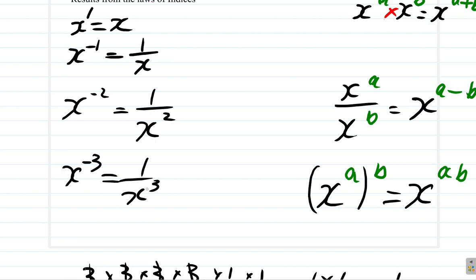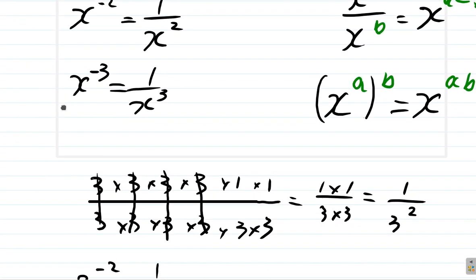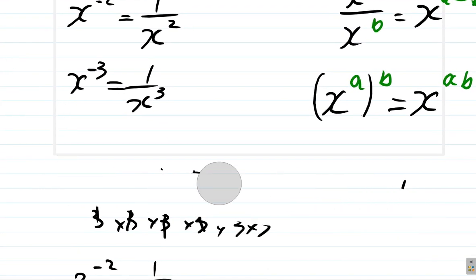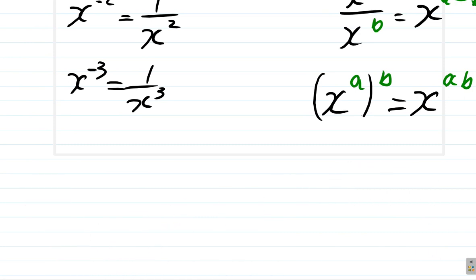Now, from all of that, you can generalize. Let's make some space, erase this thing. You're going to get x to the negative y is equal to 1 over x to the positive y.